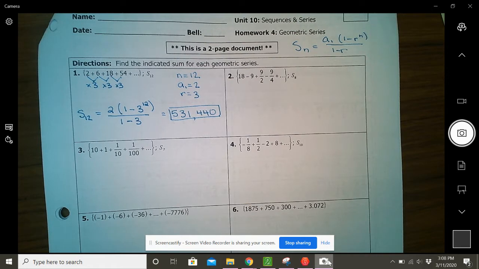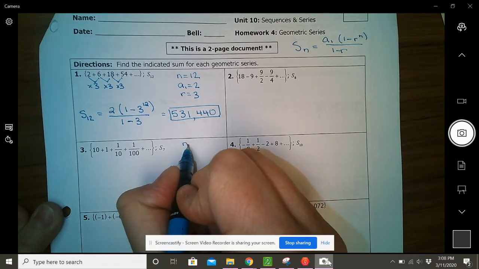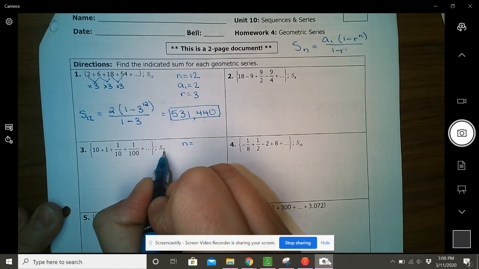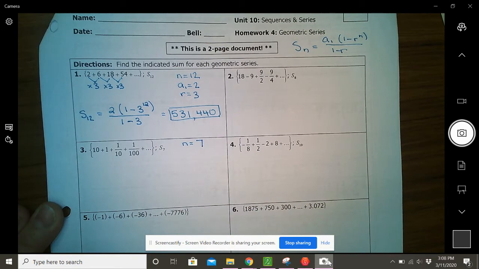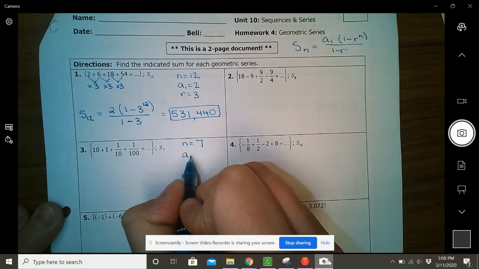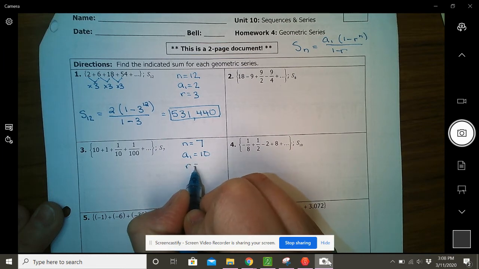Okay. All right, let's go down to number 3. I'll do the odds with you, and that'll give you a chance to try the evens. So let's come up with everything we need to plug in. We need an n value. This problem is saying find the sum of 7 terms, so my n is 7. The first term in the sequence is 10, and now I need a common ratio.